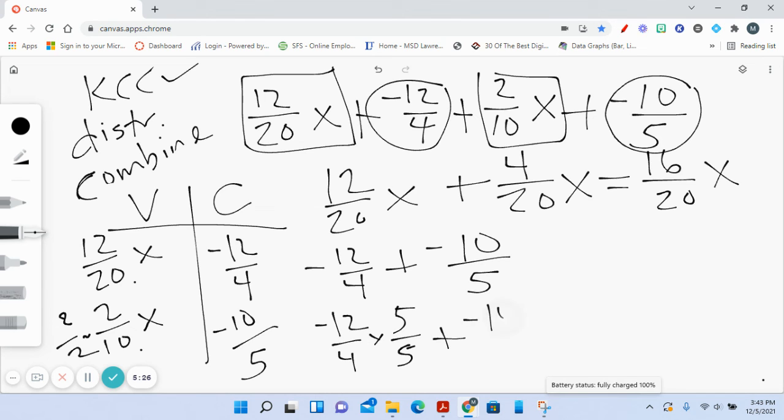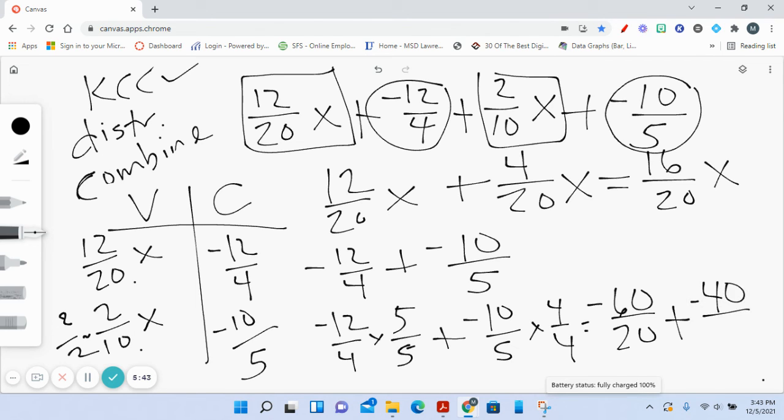And then negative 10 over 5 times 4 over 4 to get our 20 on the bottom. So negative 12 times 5 gives us a negative 60 over 20, plus negative 10 times 4 is negative 40, 5 times 4 is 20, so we get a negative 60 plus a negative 40 over 20, and when we add those together, we get a negative 100 over 20.